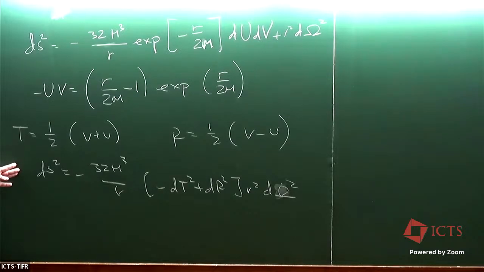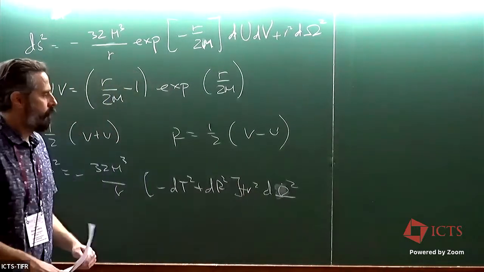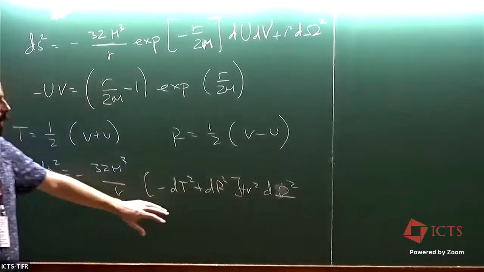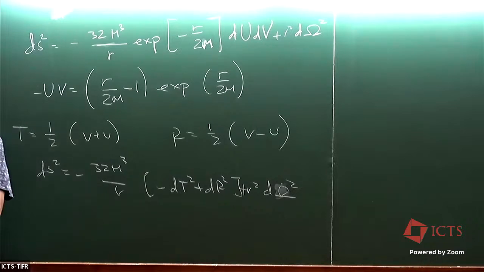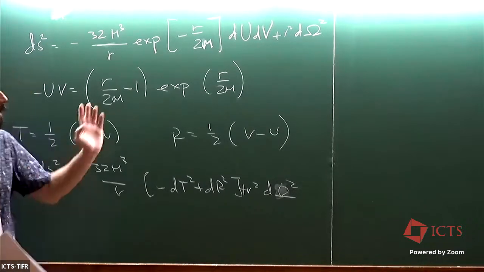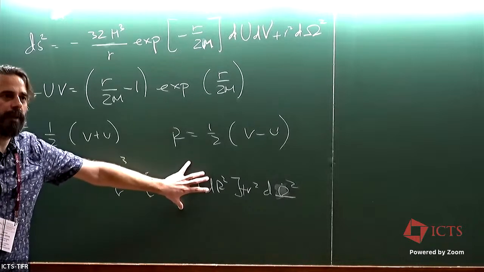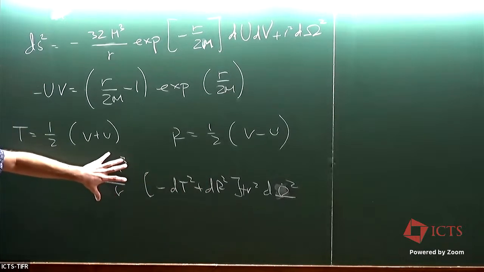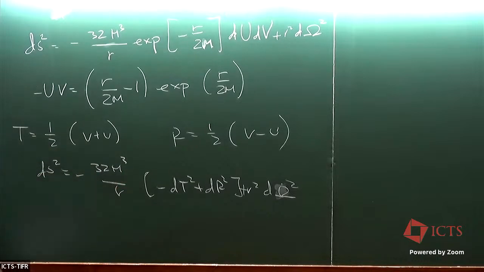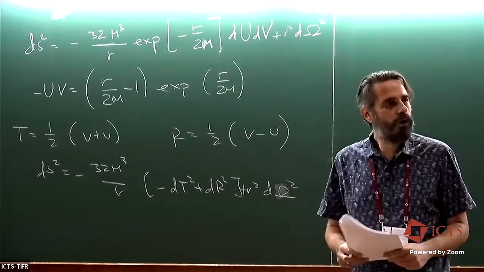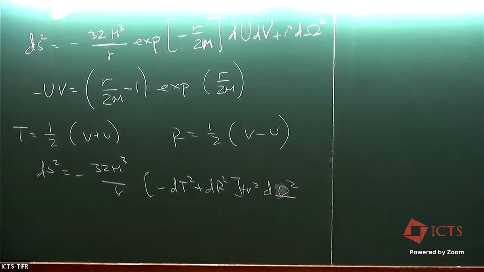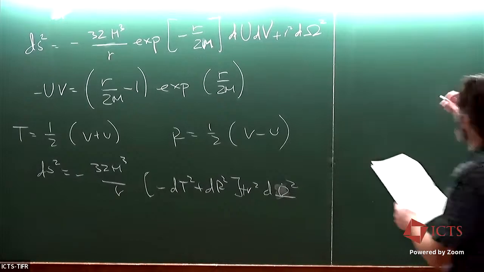So if you forget about the angular part, the two-dimensional space-time you parameterize by the null coordinates U and V, if you write them in terms of T and R, it becomes basically a two-dimensional Minkowski space times a factor. Okay, so that's a very simple representation. And this allows us to draw the Kruskal diagram that gives you the full overview of the space-time you have now.